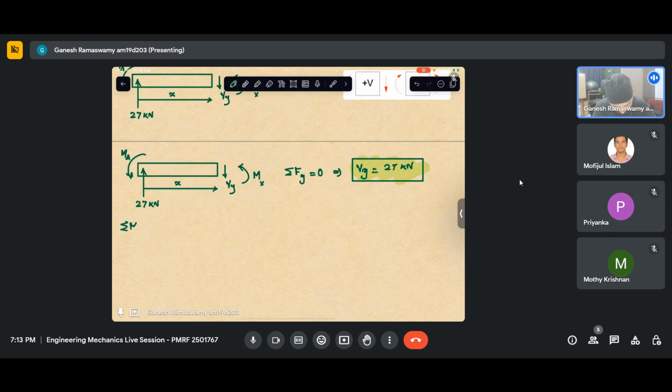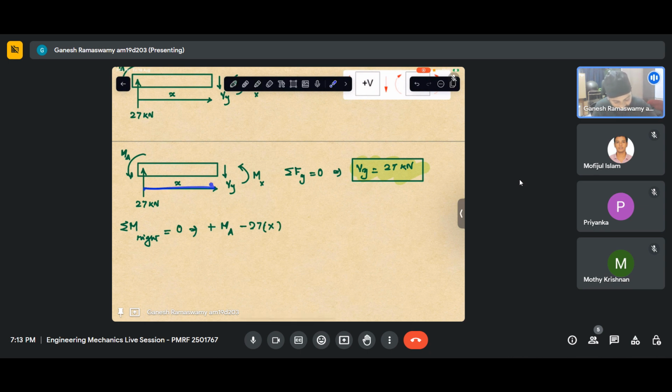Let me take the moment about this end to be 0. This gives me plus Ma, because Ma is in the anti-clockwise direction, minus 27 into x. This is my distance at x.